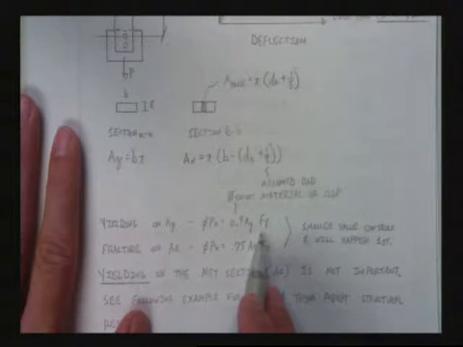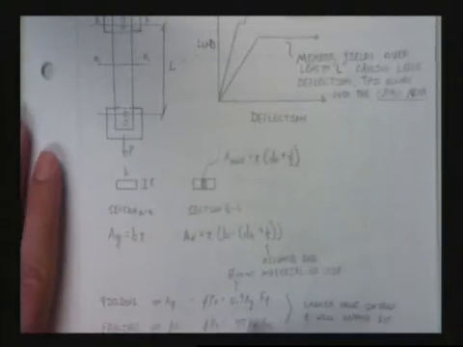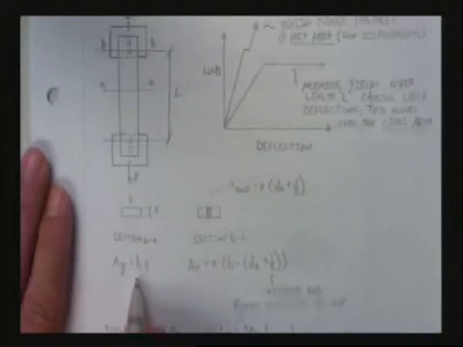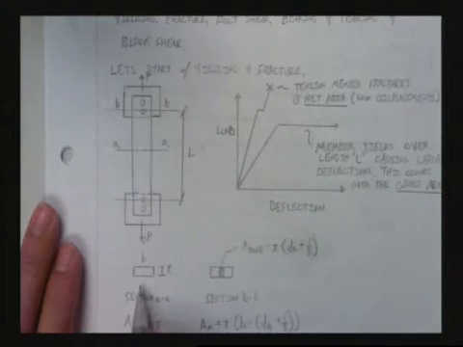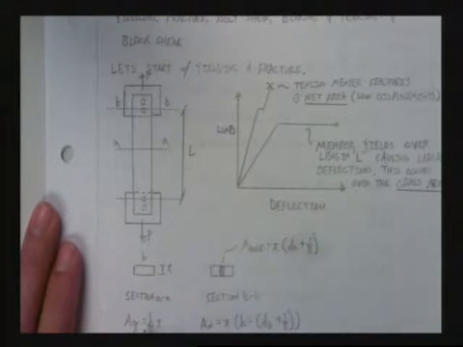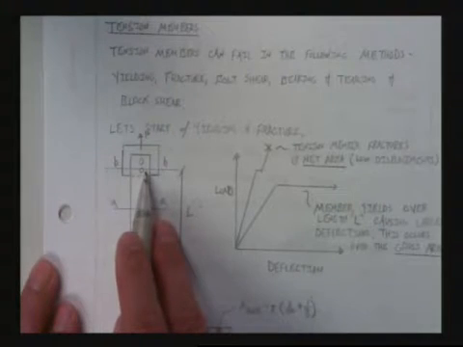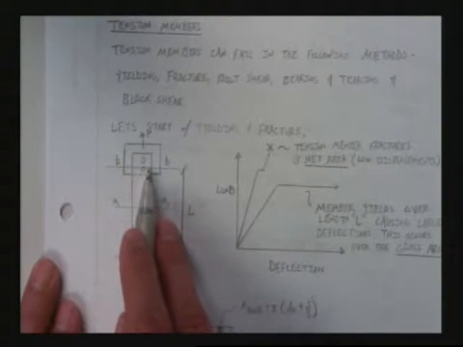The yield, right? And why do we use Ag? Ag is the same thing as if I had a plate that looks something like this. That's the same thing as B times T, the width times the thickness. Why do I use Ag? That's not even the smallest area. The smallest area is at the holes. It's wrong, right?